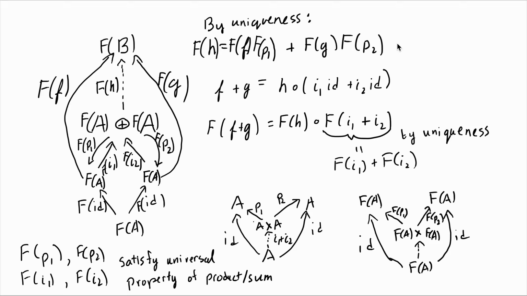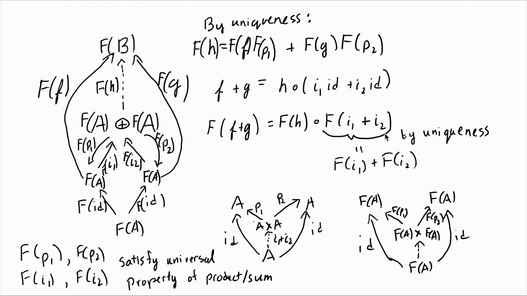So that's nice. We know what F of h is that way, and we can write it down that way by uniqueness. We also can think, okay, I'm going to just think of this right here as just being I1 plus I2. And if I run the functor on the sum f plus g, it splits over the composition, and I get F of h of F of I1 plus I2.